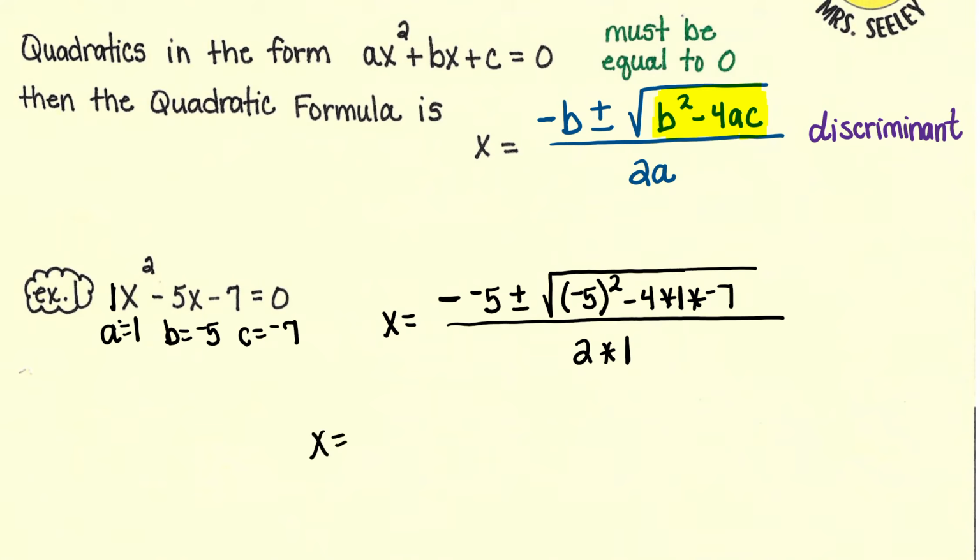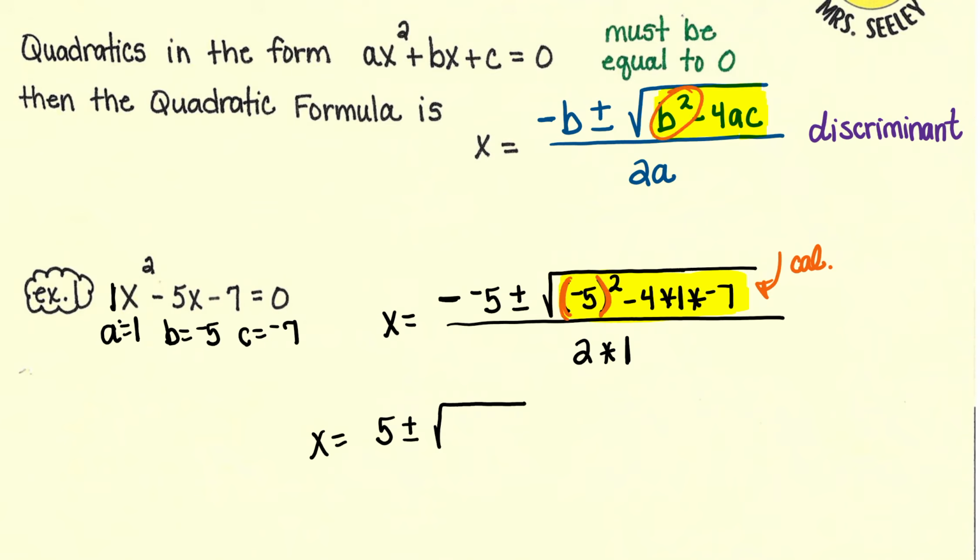So when I simplify or clean this up, negative of a negative is obviously a positive 5 plus or minus. Now write down the square root, but then go to your calculator and type that in. It just saves time and it avoids careless mistakes. So go to your calculator, type that in perfectly like you see it, making sure that you use parenthesis buttons around the b squared.